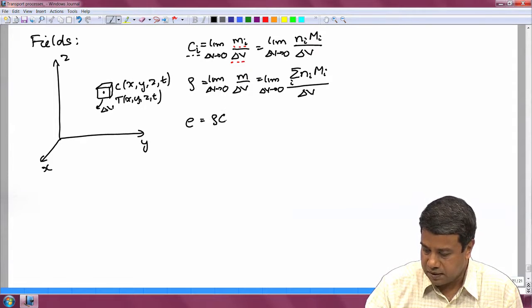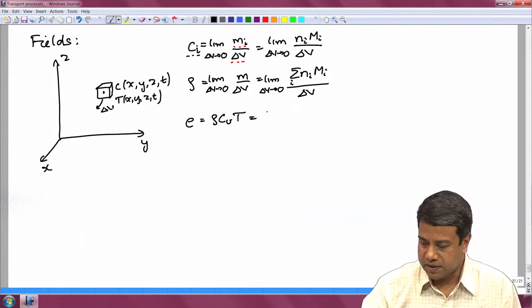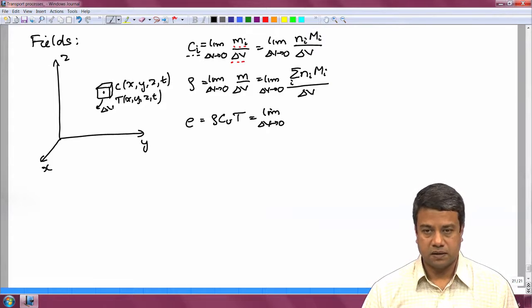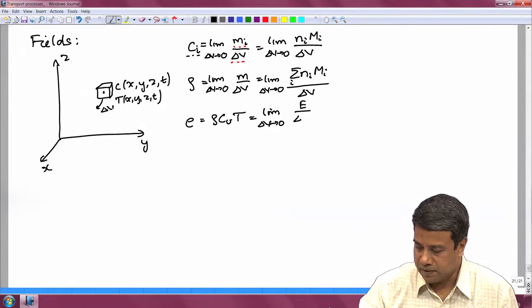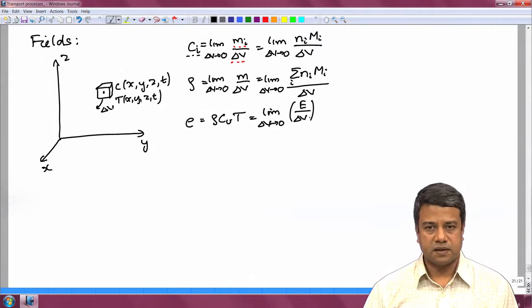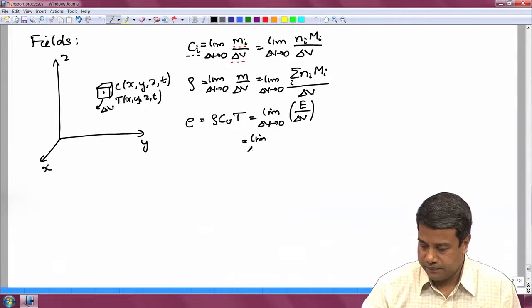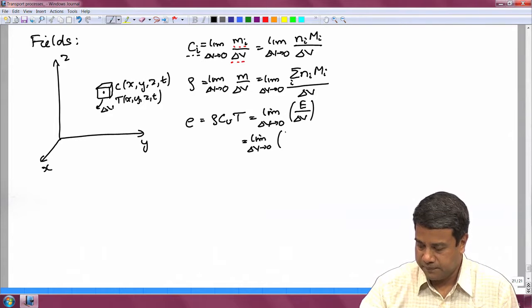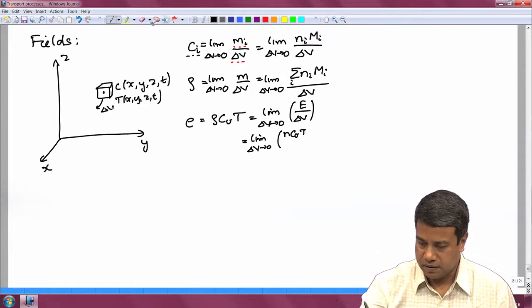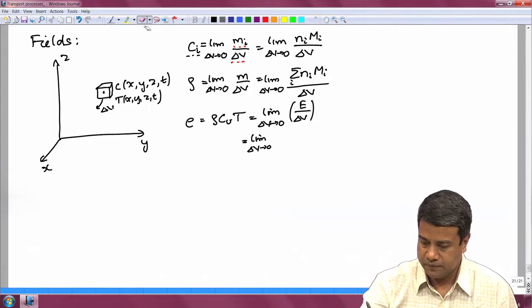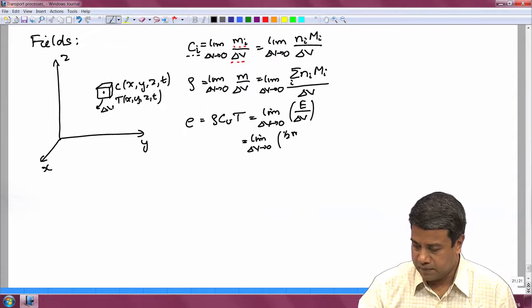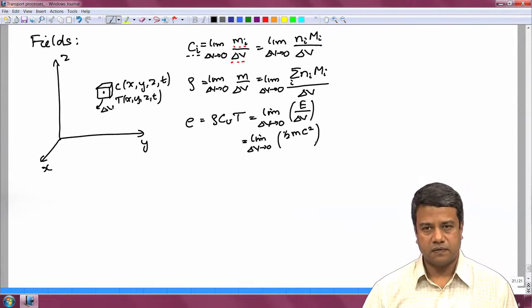So, the temperature locally, E, I can write it as rho Cv times T, which is the summation, limit as delta V goes to 0, of the total internal energy within this volume divided by delta V. And as I said, this internal energy is in general n Cv times T. If you had just translational degrees of freedom, this will just be equal to half m into C square for each molecule.